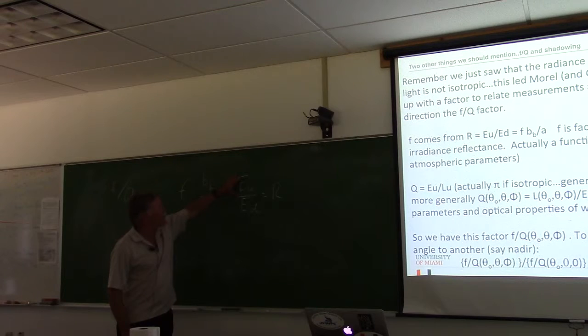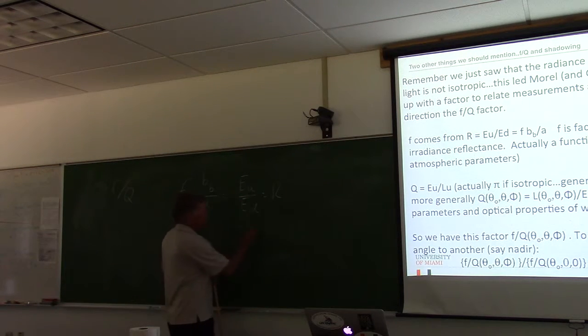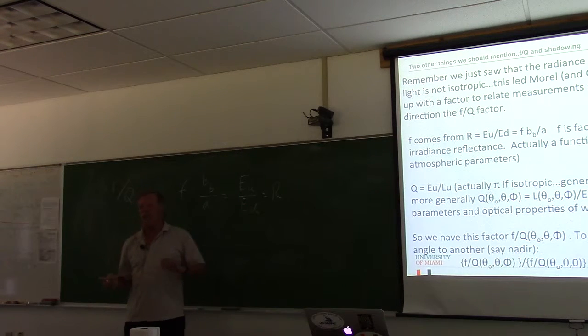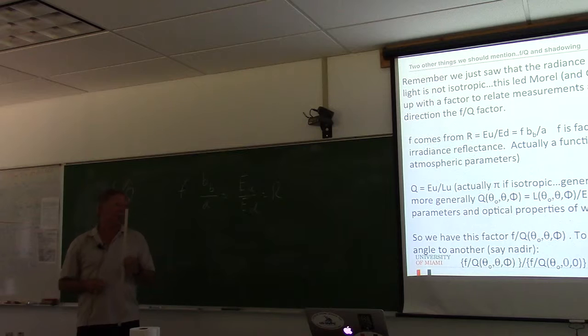Morel and others early in optical oceanography history measured the irradiance reflectance as the common factor that they would go out and measure, instead of upwelling radiance divided by downwelling irradiance, they measured the upwelling irradiance divided by the downwelling irradiance. The reason was you could have one detector to do it. You would do a profile with a radiometer.